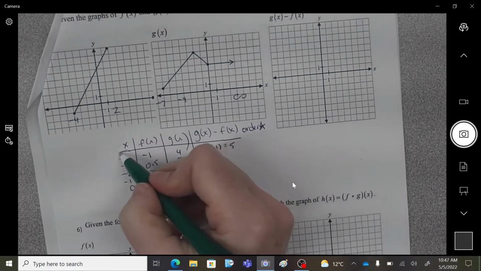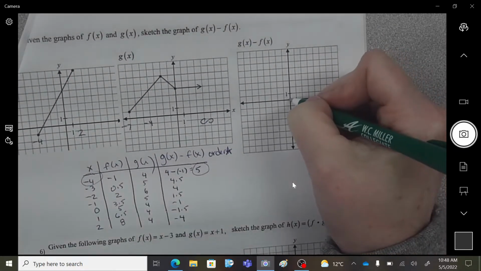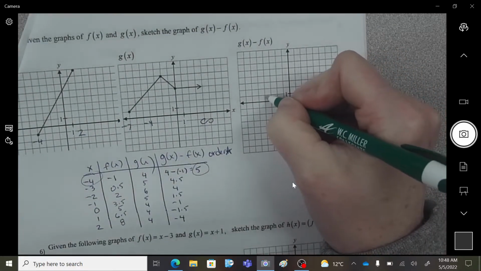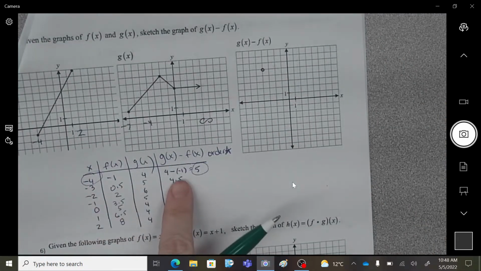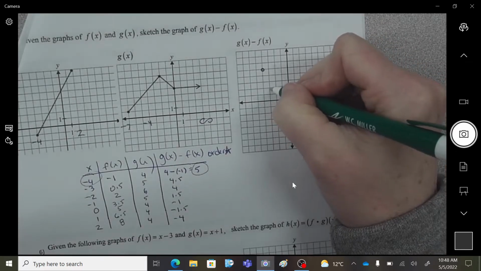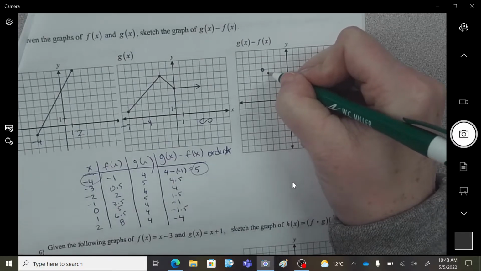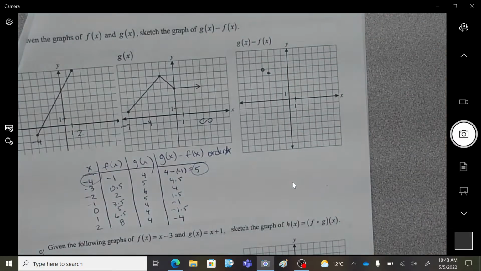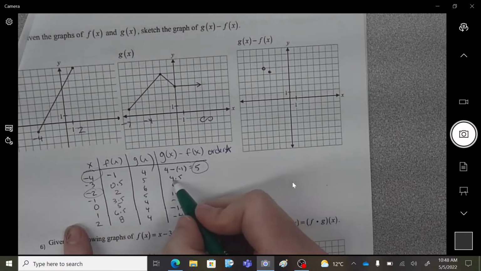Okay, so again, my coordinates would be -4, 5. -3, 4 1/2. Okay, I'm going to continue this pattern, so -2, 4.